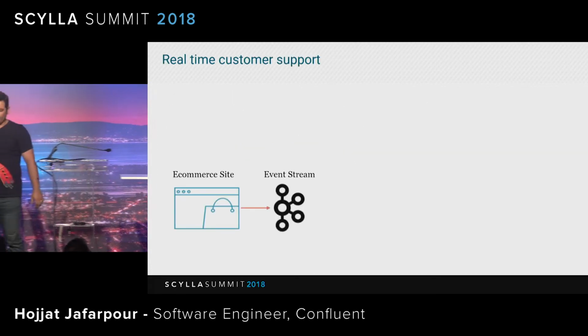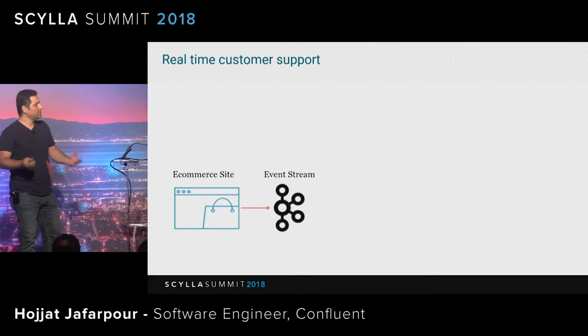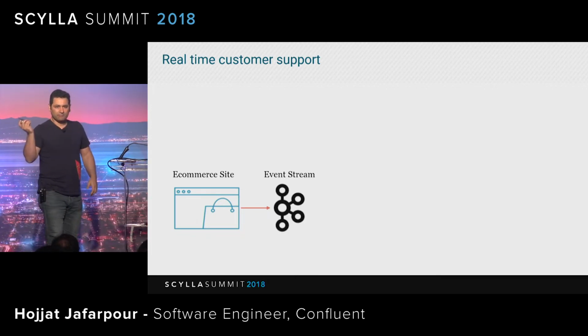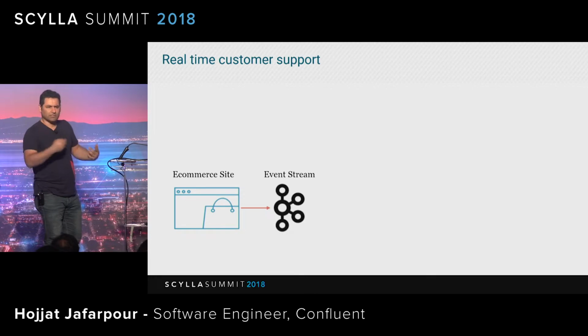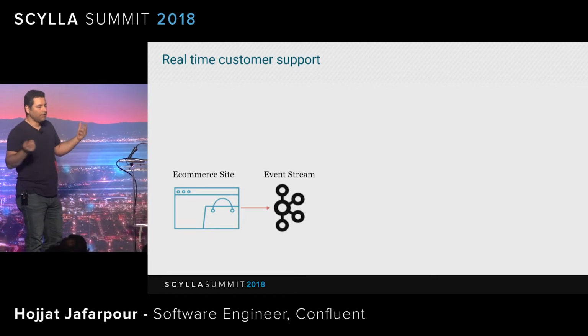Imagine you have an e-commerce site, and we see this pattern in a lot of different use cases, where you ingest the data from, in this case, an e-commerce site. In previous talks, you saw that you could ingest a lot of data into Kafka from IoT devices, or anything that generates data.